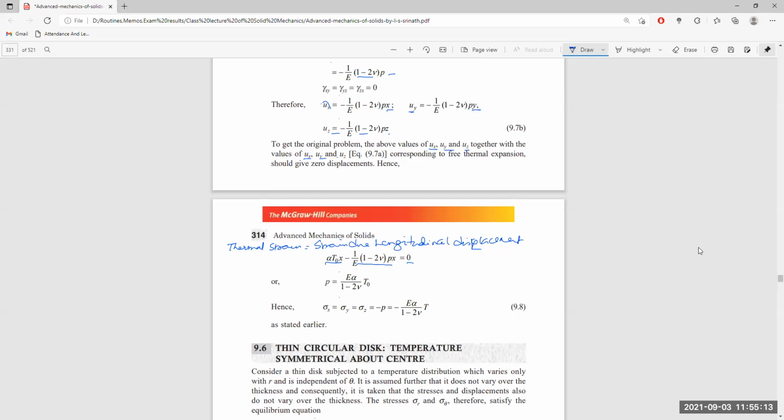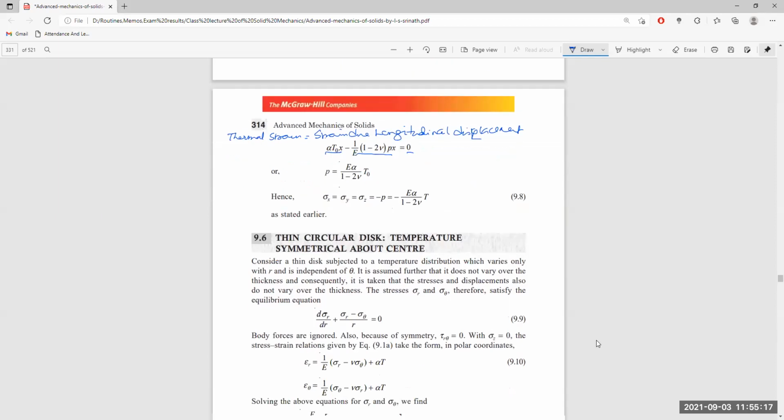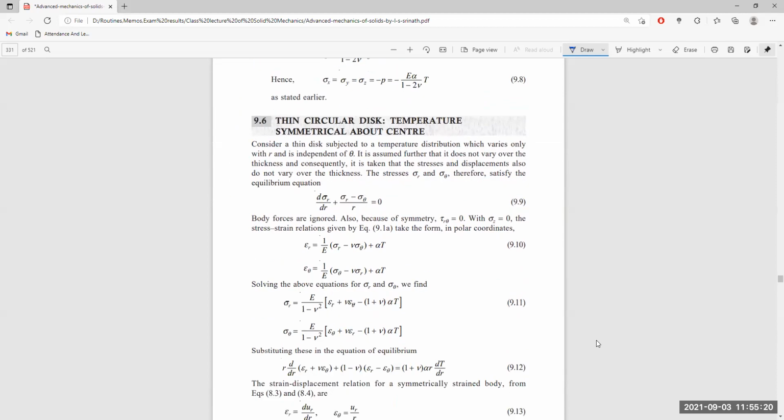Now let us go for the thin circular disc, with temperature symmetrical about the center itself. So consider a thin disk subjected to a temperature distribution which varies with r and is independent of theta.